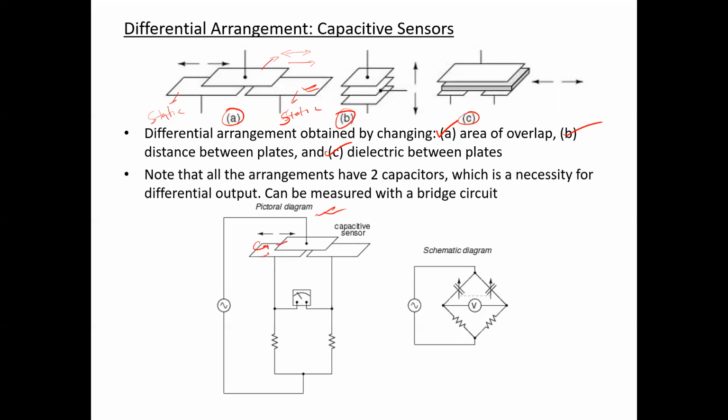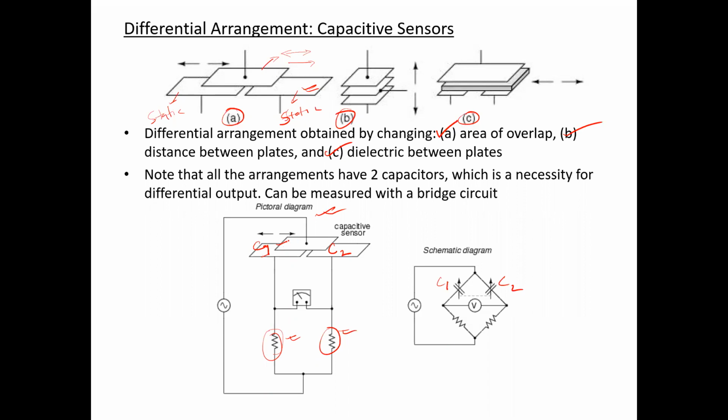Let me denote it as C1, and there will be another capacitance C2. So C1 and C2 form two arms of the AC bridge, and for the other two arms there are two resistances connected. In the schematic diagram, this is C1, this is C2. When the movable plate is located at the center, so that both the bottom plates get equal overlapping area with the upper plate, the bridge is balanced with respect to the required amount of resistances.